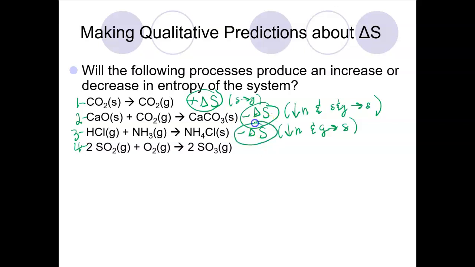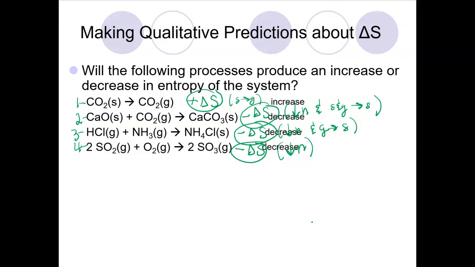So I can't compare states of matter for this one. I can't compare temperature and I can't compare volume because we weren't given that information. So let's compare moles. At the beginning I have 2 SO2s and 1 O2, so a total of 3 moles. And at the end I have 2 SO3s. So fewer moles, negative delta S, a decrease in the number of moles.